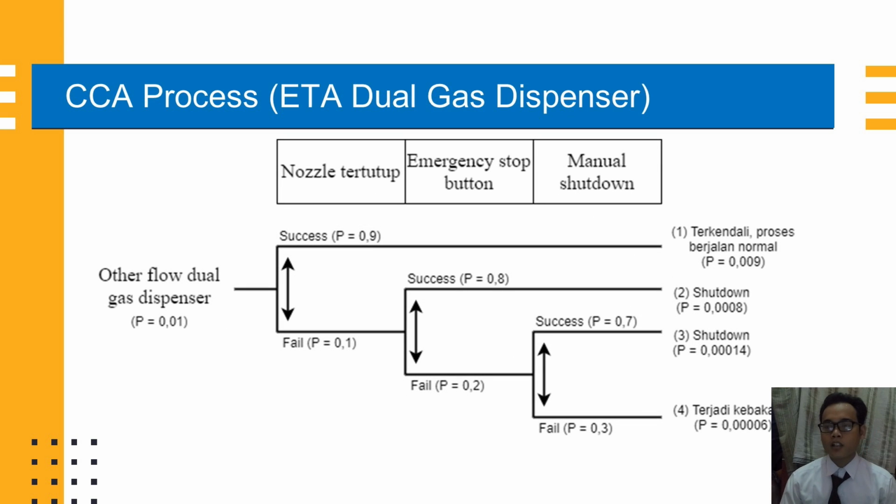The event tree analysis of other flow on the dual gas dispenser has pivotal events, including closed nozzle, emergency stop button, and manual shutdown. If the nozzle closes successfully, then the flow is controlled and the process runs normally. If the nozzle close fails and the emergency stop button succeeds, the gas dispenser is shut down. If the nozzle fails to close and the emergency stop button fails, but manual shutdown succeeds, the dispenser is shut down.